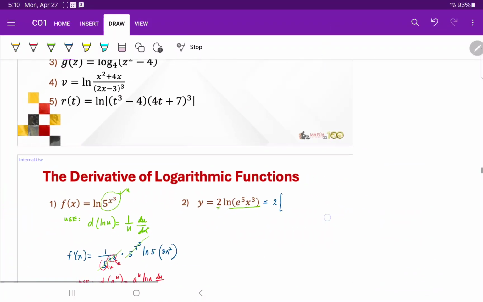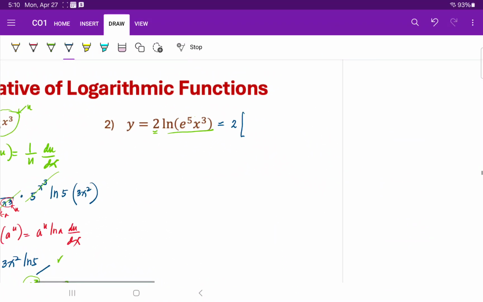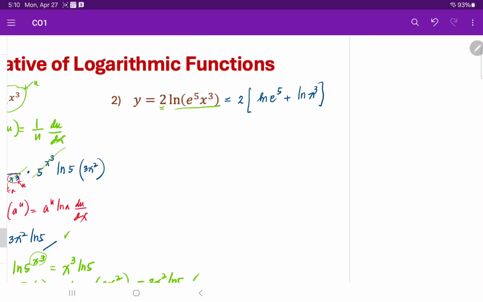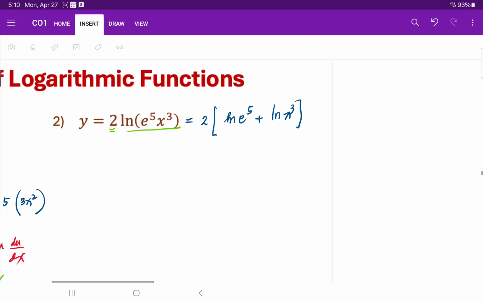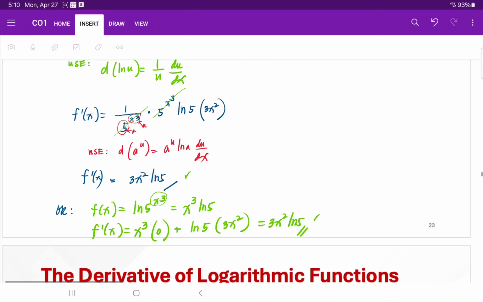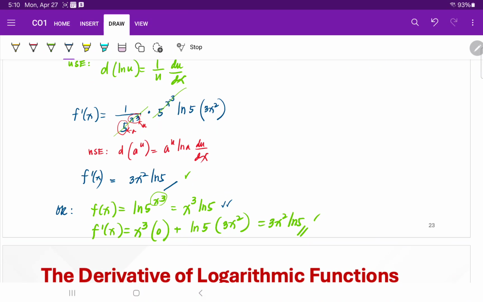So, we could write this as ln of e to the 5th plus ln of x cubed. Alright? So, it's easier. Why is it that we first simplify? Because when we simplify, differentiation is easier. Look at this one. Because I first simplified ln of 5 to the x cubed using the laws of logarithm, differentiation is just 2 steps.